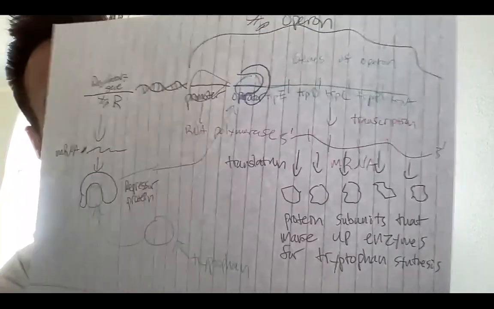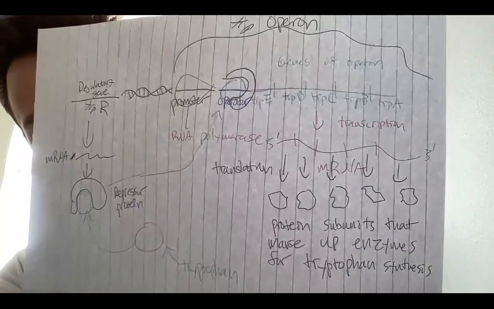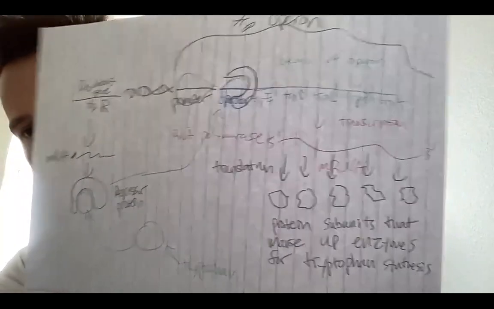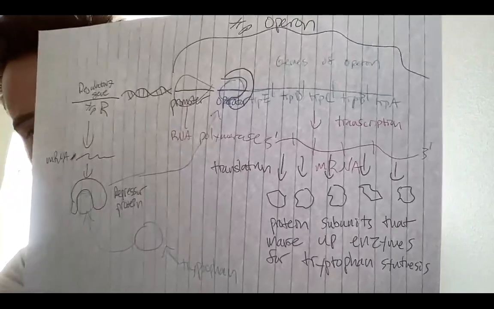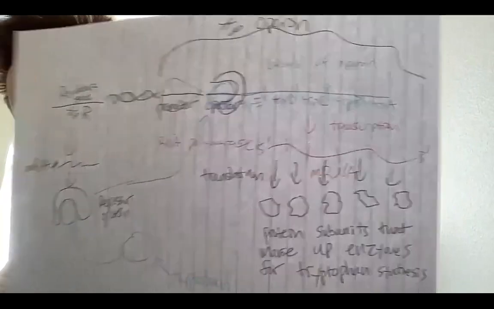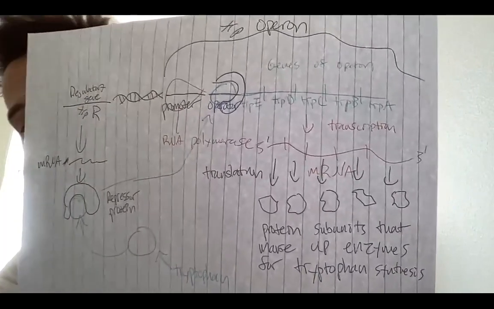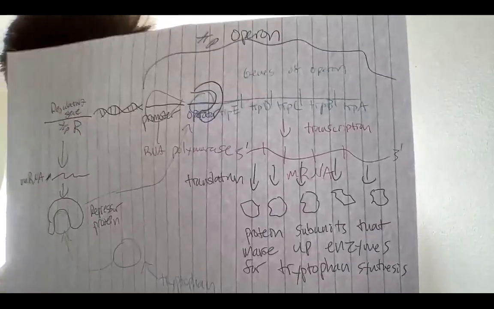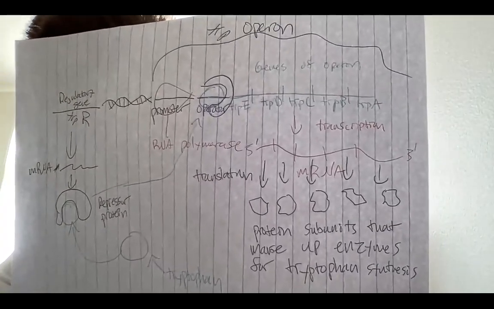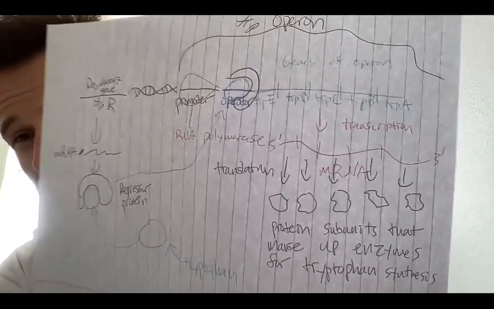And a lot of pathways operate like this. When the final end product starts to build up, it will negatively feed back on an enzyme in the pathway or a protein involved in regulating it to shut it down.